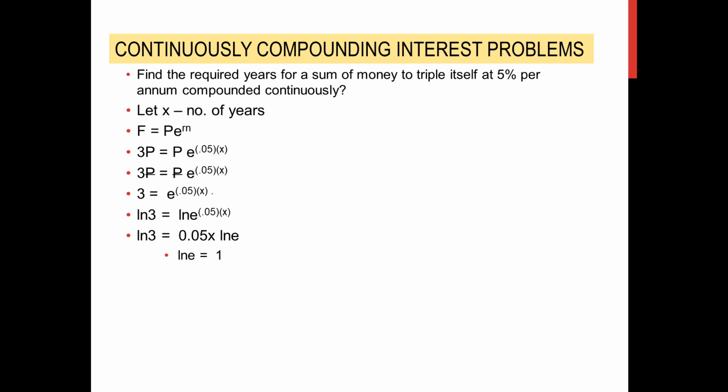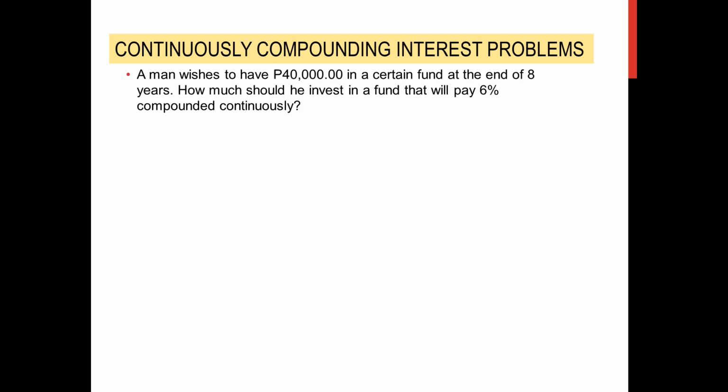Just perform the natural logarithmic functions and then solve for x. Now x is equal to ln of 3 all over 0.05. That would yield x equal to 21.97 years.